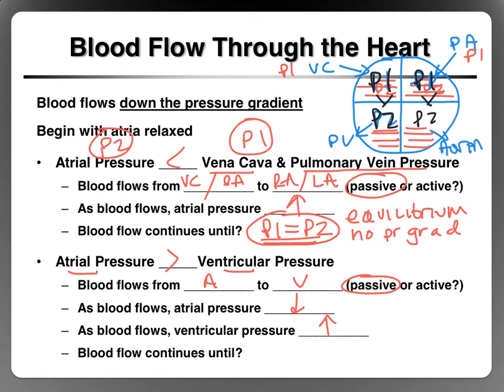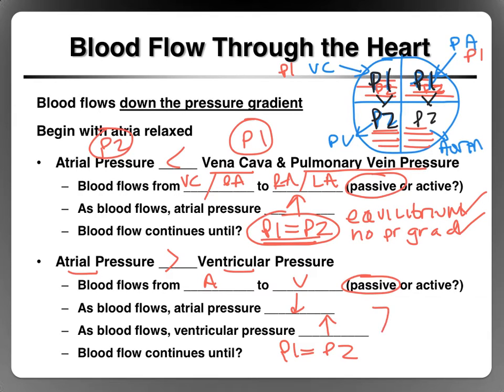Eventually, as before, P1 is going to equal P2, because P1 is dropping and P2 is rising. Again, we have equilibrium, no more pressure gradient, and therefore no more blood flow.